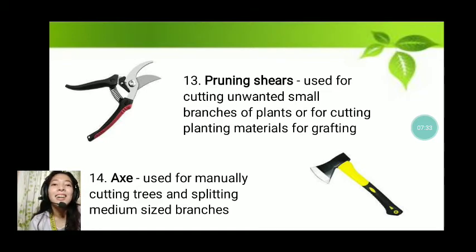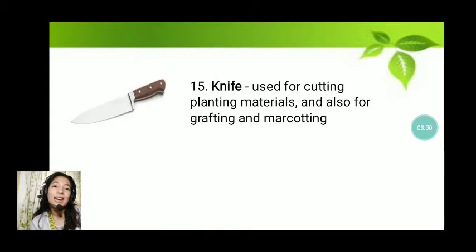And then we have the axe. The axe is used for manually cutting trees and splitting medium-sized branches. So this is commonly used by our father, right? Your father uses this to cut medium-sized branches for cooking, right? Okay. And then we have the knife. What is the use of the knife aside from using this in the kitchen?